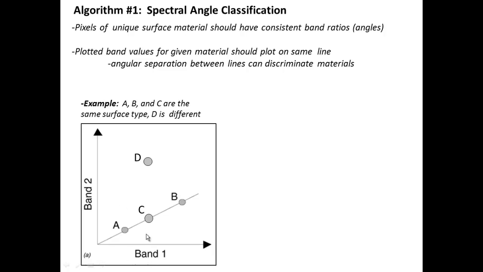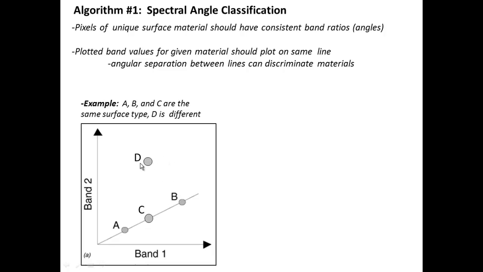That ratio basically defines the slope of this line. So they have the same ratio because they're from the same surface type. They just have slightly different reflectance values. So here's the beauty of spectral angle classification. By paying attention to the vector that these fall on, instead of their absolute values, we were able to tell them apart from point D.